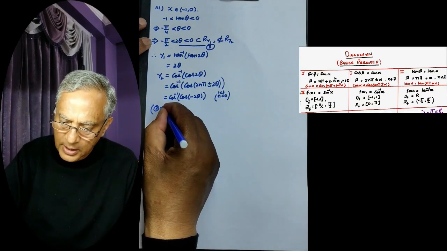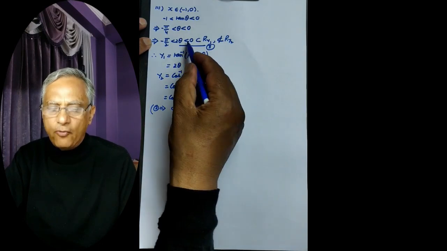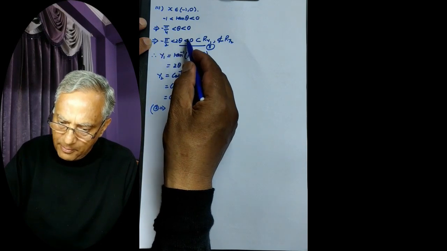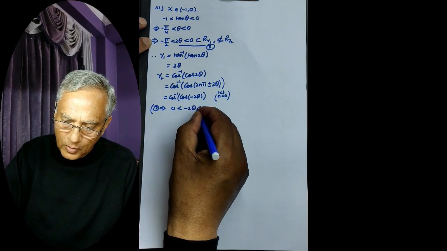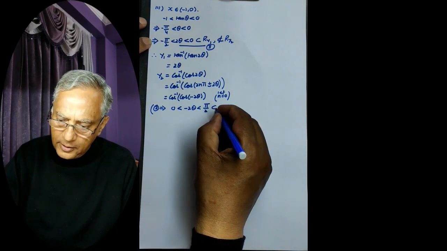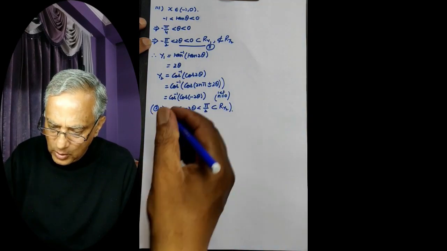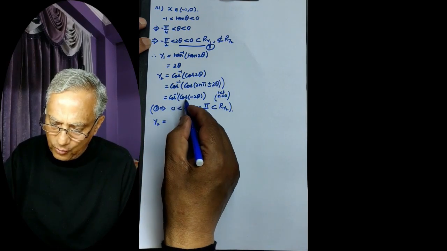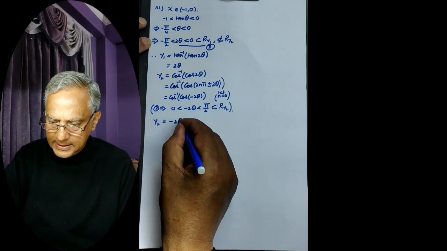We will have 0 is less than, because we are multiplying by a negative number, so the direction of inequality will be reversed. So 0 will come to this side. This will be minus 2 theta is less than pi by 2. And this is within the range of y2. And therefore we can write y2 as cos inverse cos of minus 2 theta. This is within the range, so we can write minus 2 theta. Call this 4.